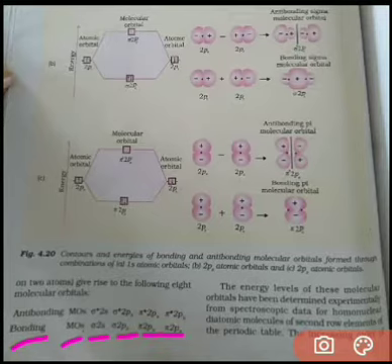And the anti-bonding molecular orbitals will be sigma star 2s, sigma star 2pz, pi star 2px and pi star 2py. So in your exam it may be asked to give the electronic configuration of molecular orbitals. Okay. So for electronic configuration you have to write in this manner.